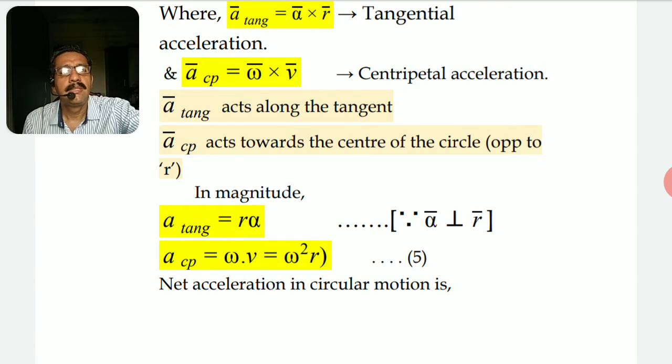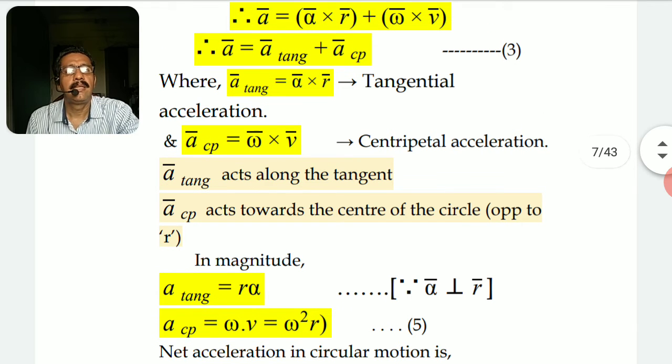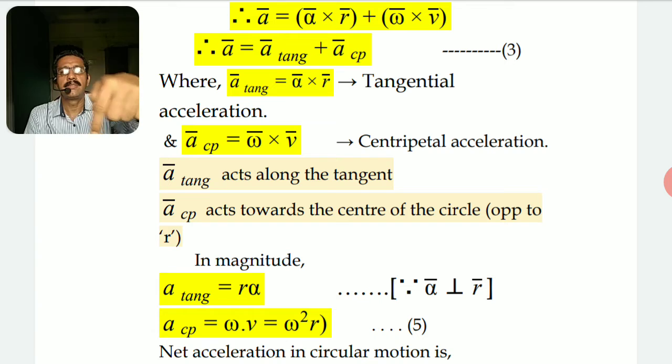So if you consider these two things, the tangential acceleration is going to act along the tangent of the circular path. If this is the circular motion, the tangential acceleration will be along the tangent and the centripetal will be towards the center. So the directions of tangential and centripetal acceleration are at right angles to each other.